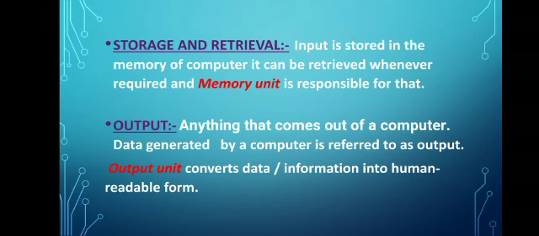The final result available to the user either on the monitor as a soft copy or as a printout, meaning hard copy, is known as output, meaning anything that comes out of a computer. The output unit converts data or information into human readable form, and output units are like monitor and printer.